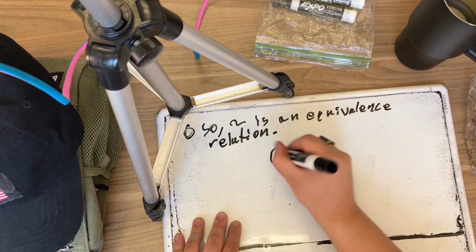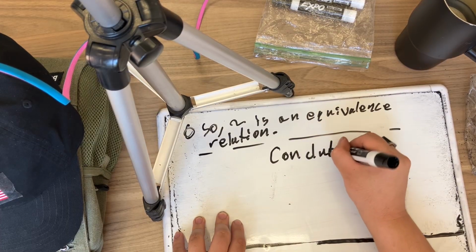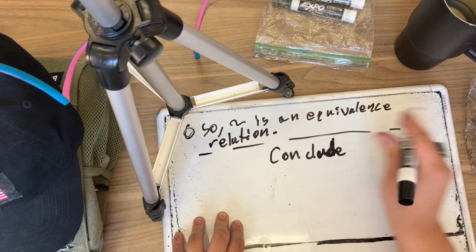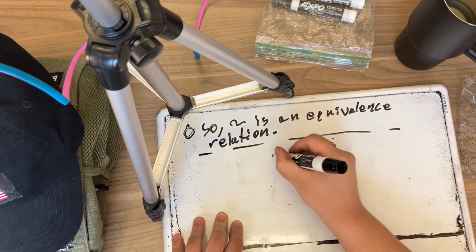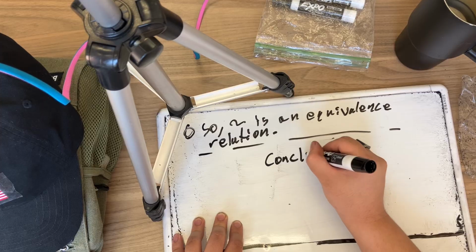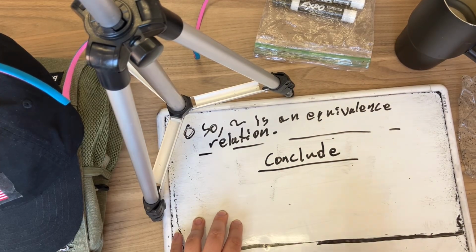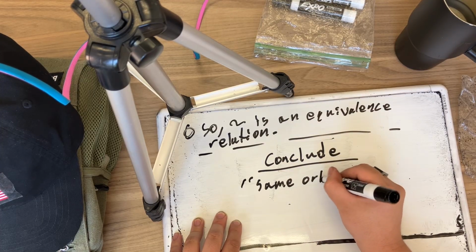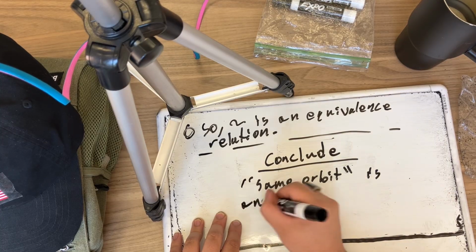So to conclude, let's conclude. Goodness, I can't even draw conclude right. That's not cool. Same orbit is an equivalence relation.